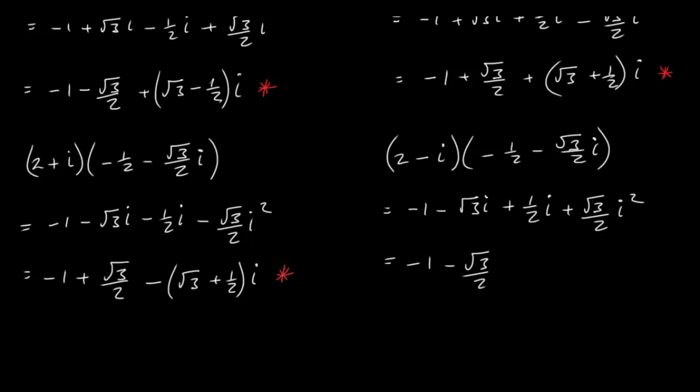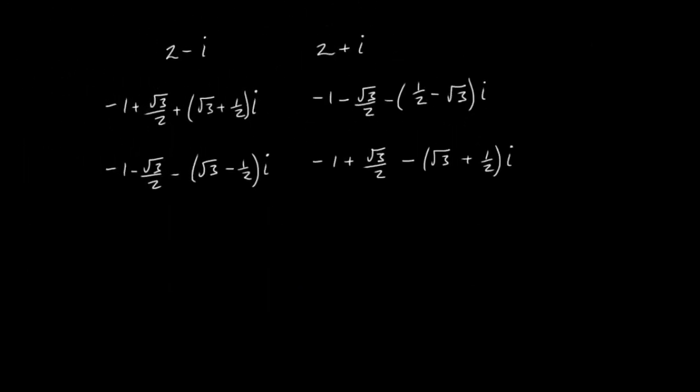That's this one here, and then we have minus root 3 minus a half times i, and this is our third solution here for V. Okay, so I've written out our 6 solutions for U and V, or 3 each. So we've got to look at which combinations will work.